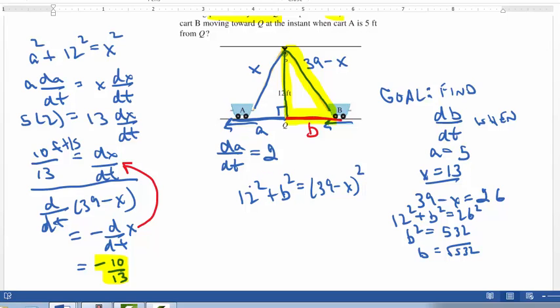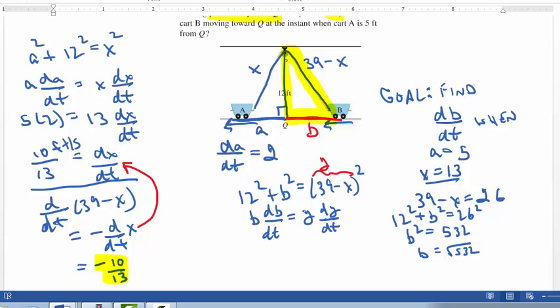But then when I take the derivative with respect to t again, this just becomes b db/dt equals, and to make this simple I could just call 39 minus x y, so it's really equal to y dy/dt, right?